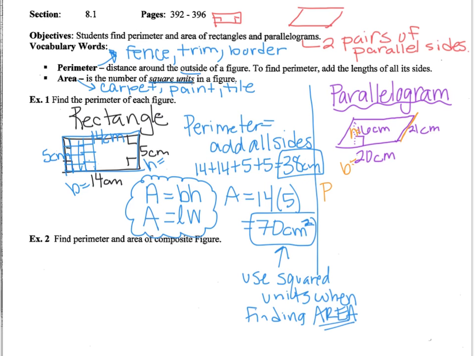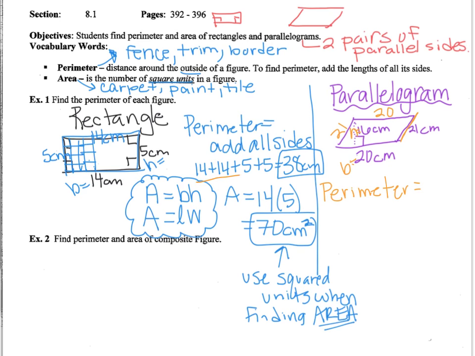So perimeter, remember, is adding up all of the outside edges. So there's one number that I won't use for that. So if I look at my border, the outside edges, I have a 20 and a 21. The top part is also going to be a 20, and then the other side is going to be 21. So I am not using that 16 to find my perimeter.